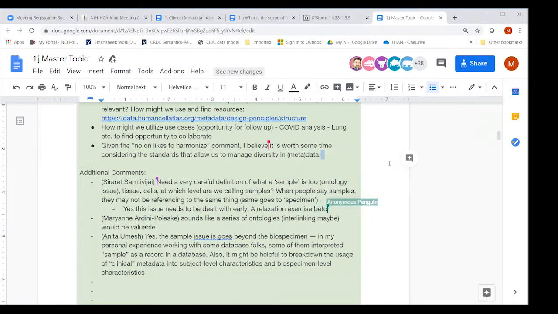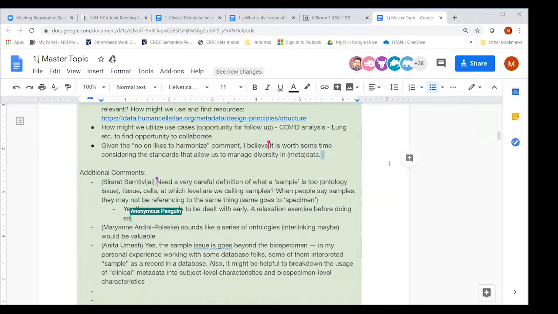In aggregating all this information from these different data sources, this definition of sample is very important to clarify, because between the people that came from the biology side, the folks from the bioinformatics side, and the people from the software engineering side, we all had a different understanding of what we were referring to as a sample.